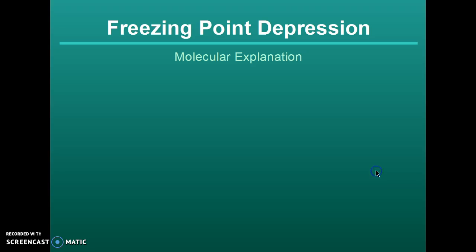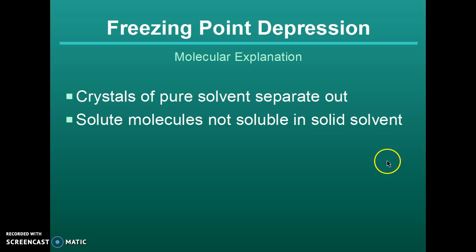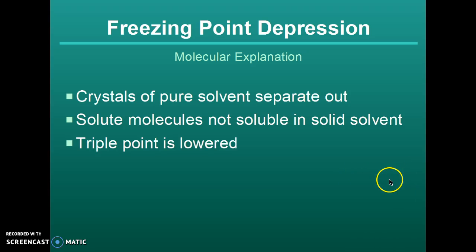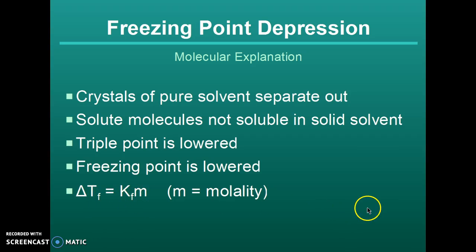What's a molecular explanation? Well, crystals of a pure solvent separate out to form the solid. Solute molecules are not soluble in the solid solvent, so the triple point must be lowered. If so, the freezing point is lowered, and that delta T for the freezing point lowering is some constant times the molality.